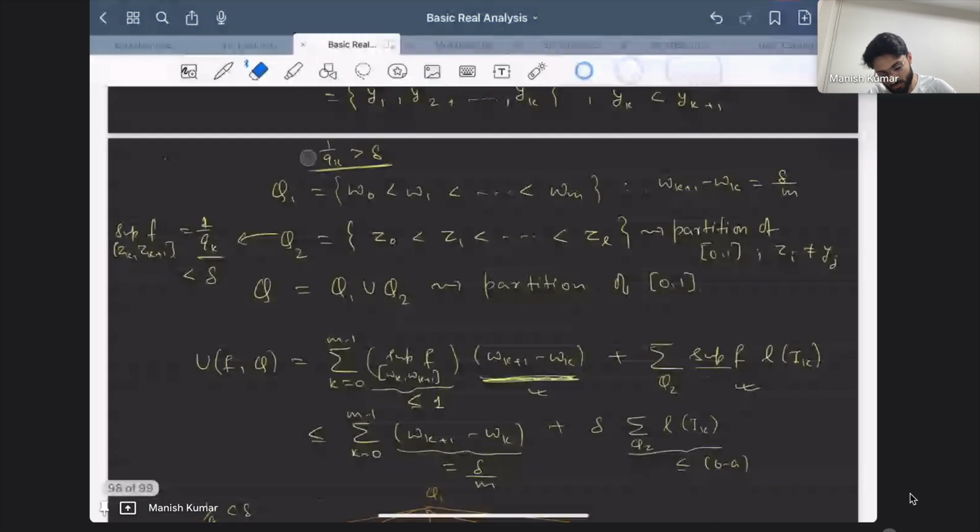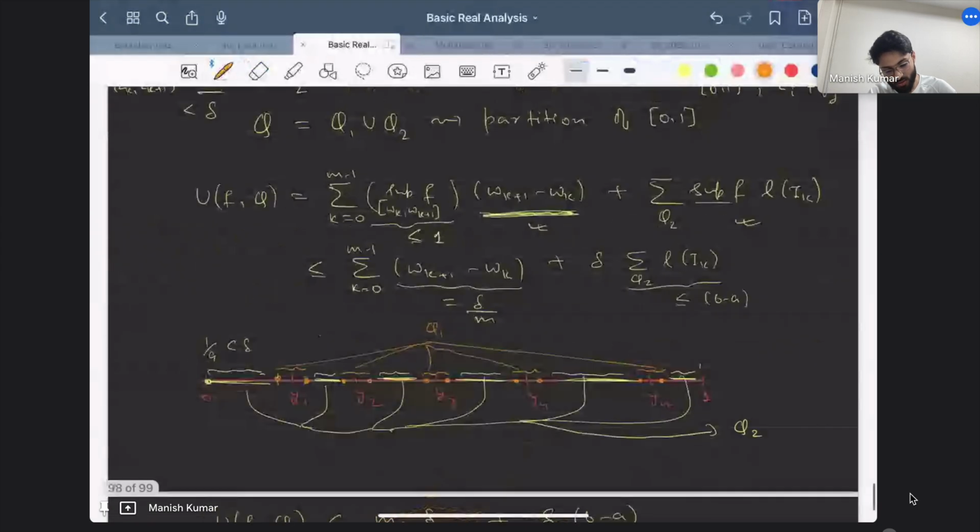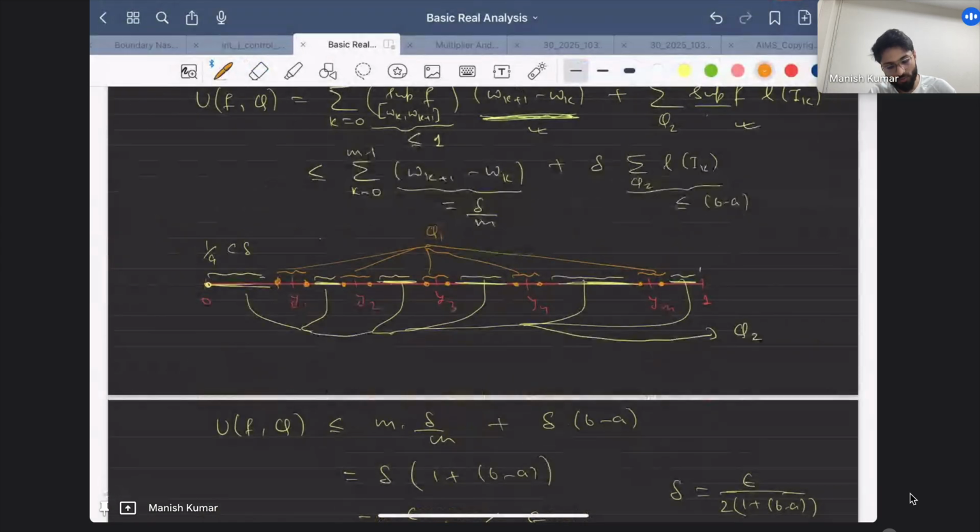Okay, so what we did is we found these Y_k's, where the function is taking, so Y_k was the rational p_k by q_k, where the function f of Y_k is 1 by q_k. This is greater than delta. So what we did कि इसके, like in the neighborhood of this Y_k, we considered 2 points which are very small, I mean which are very close.